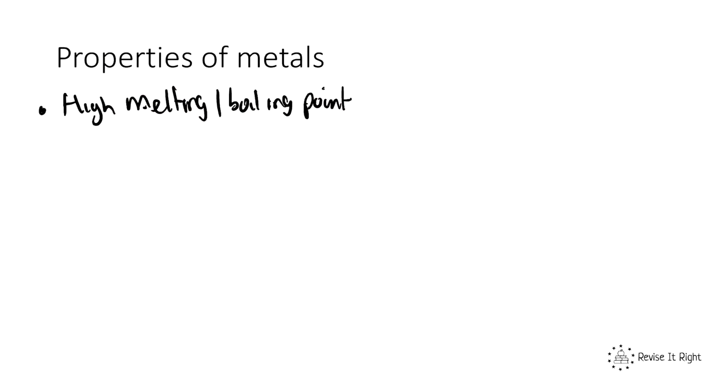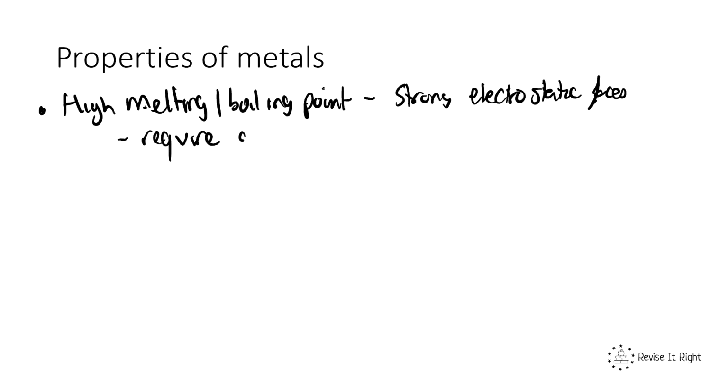So metals have high melting and boiling points because of the strong electrostatic forces, and really importantly because these electrostatic forces require a lot of energy to break, therefore giving metals a high melting and a high boiling point.